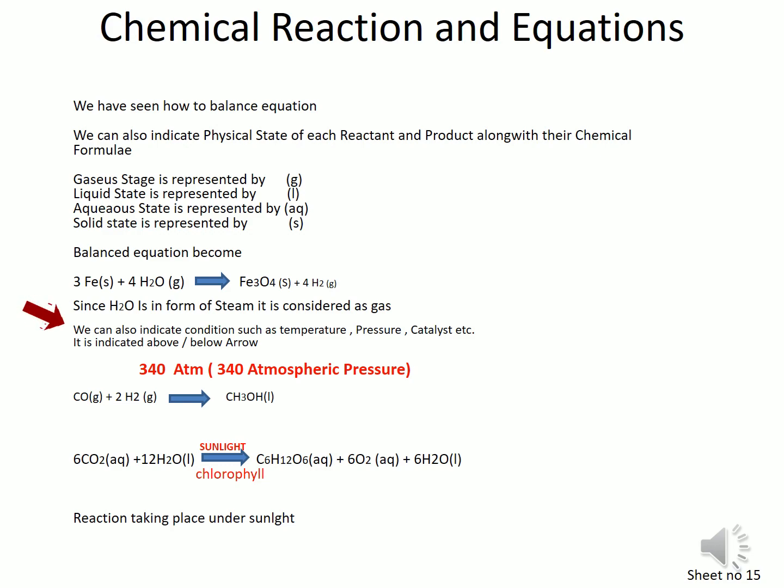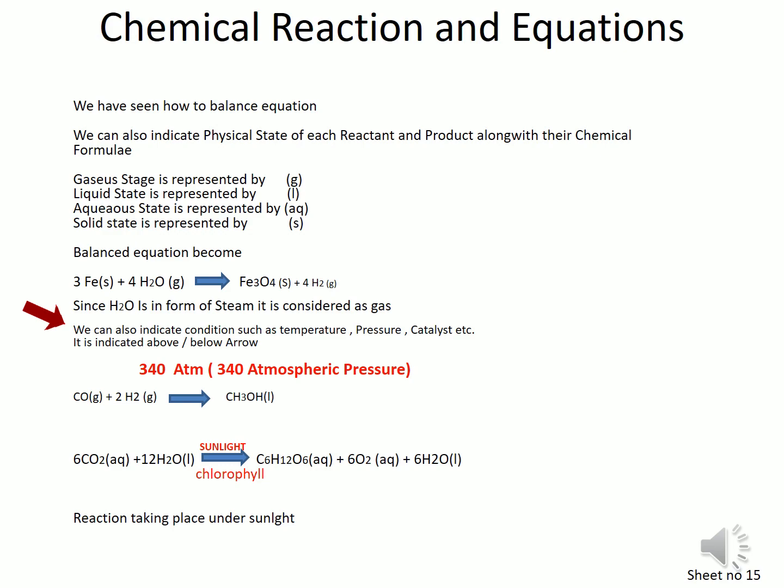Like this we can also indicate conditions such as temperature, pressure, catalyst, etc. when we write the equation. These conditions are generally indicated above the arrow line or below the arrow line. Now let us see this equation.